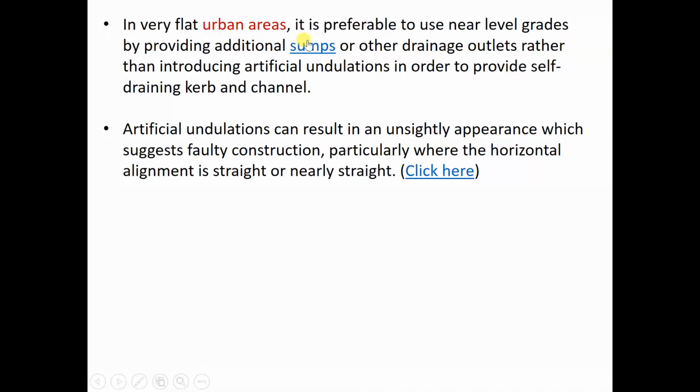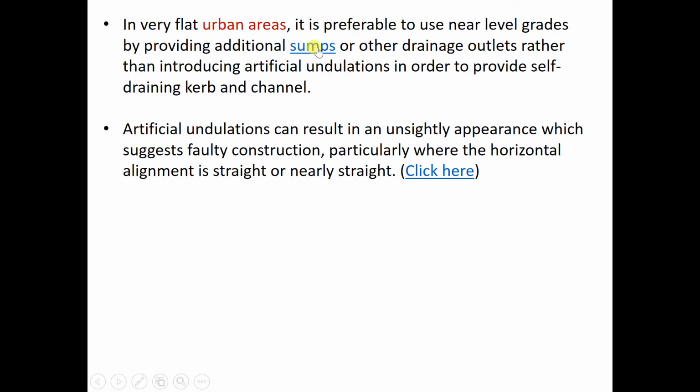In very flat urban areas, it's preferable to use near level grades. Having mentioned so many things, we need to provide grades, but in urban areas we would rather have flat roads, whereas a level road is probably no good for the appearance. So you can provide level grades by providing additional sumps.